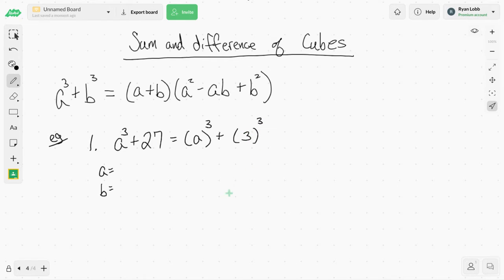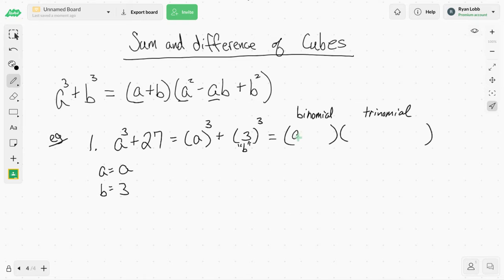3. So that tells me in place of the a up here, what am I going to replace? Well, in this example, a. And then what am I going to replace the b with? Well, here's b right here, the value for b cubed. So b is going to be 3. So that means that in the factoring, I kind of have this little template, a binomial, and then my trinomial. And I replace respectively a and b with a and 3.